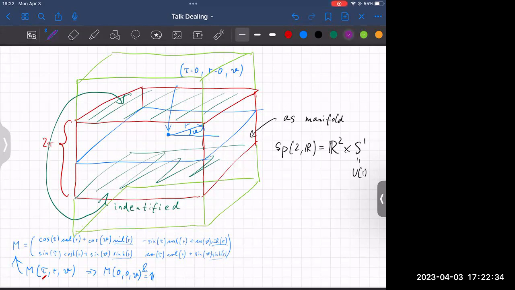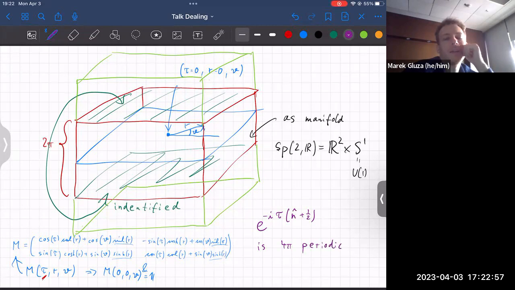Exactly, which we actually saw: e to the minus i tau (number operator plus 1/2) is 4 pi periodic. And in this case, with this topological gluing, this identification of up and down through the portal, there's only one portal again, right? Exactly.